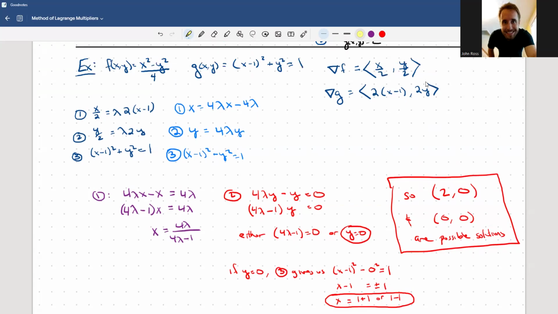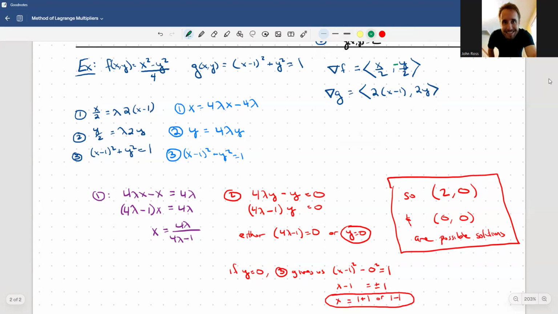So the issue is actually in my original computation of gradient of f. Specifically, I lost this dang minus sign. This was x squared minus y squared over 4. And so that means that grad f should really have a negative out front of its y.